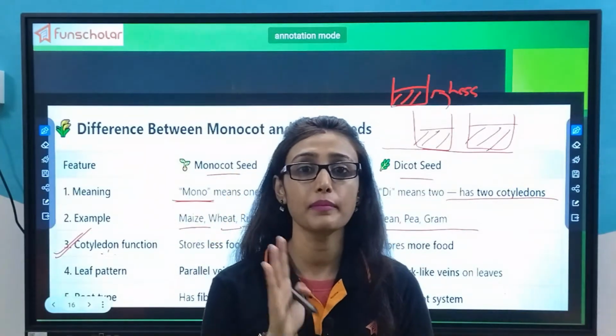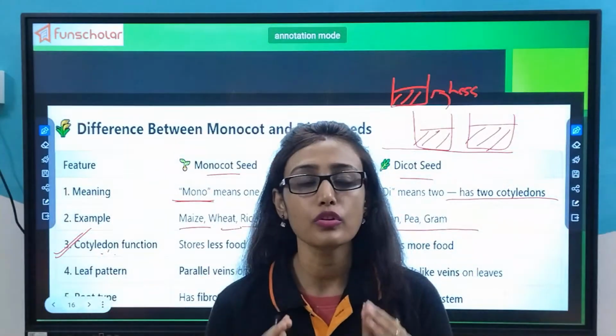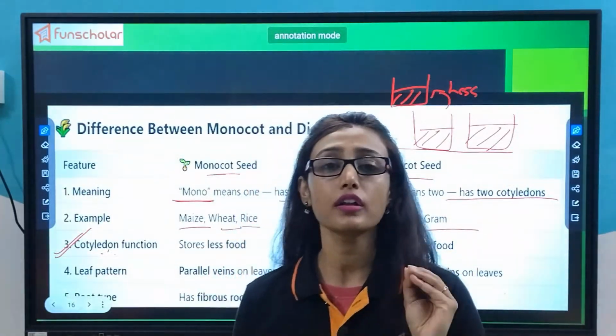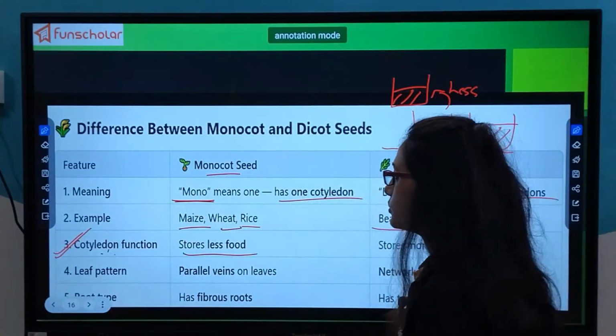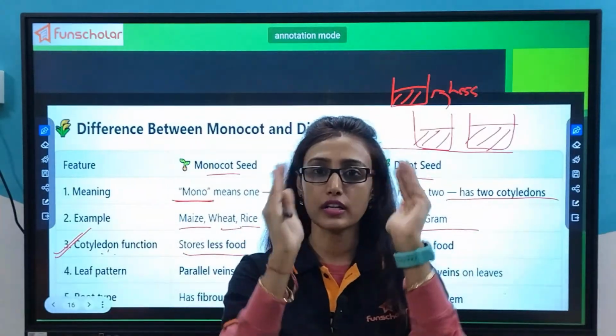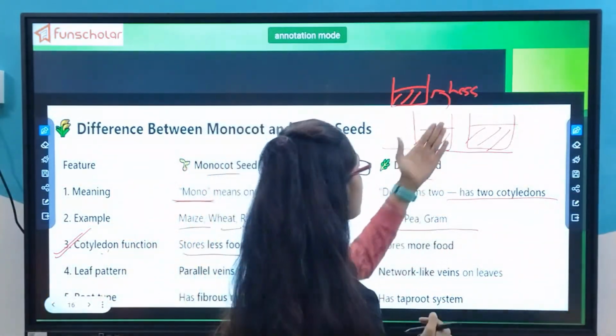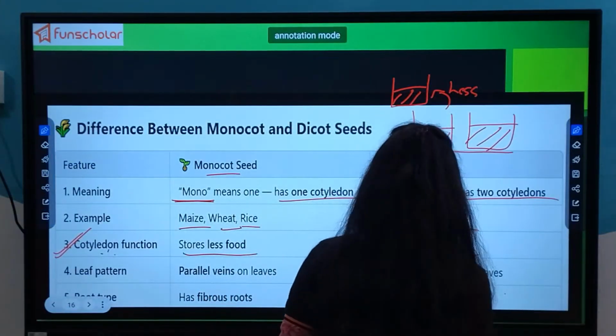The amount of food will be more or less? Obviously, the amount of stored food in case of monocot is less. It stores less food. But in case of dicotyledons, they have two cotyledons. That is why the amount of container here is more. So the amount of food will be more.